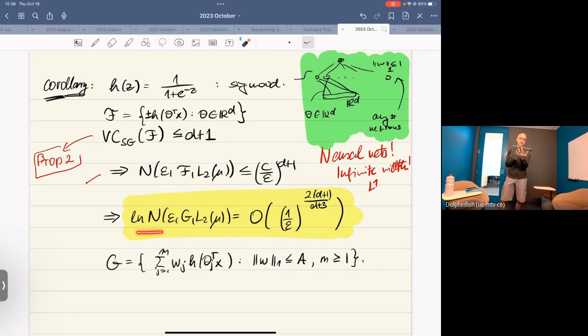If you consider the metric entropy with respect to the L2 metric, it behaves like 1 over epsilon to the power of something slightly less than 2. As the dimension gets large, it is just close to 2. So these classes, when you have 1 over epsilon squared, are big classes of functions, but not super big.